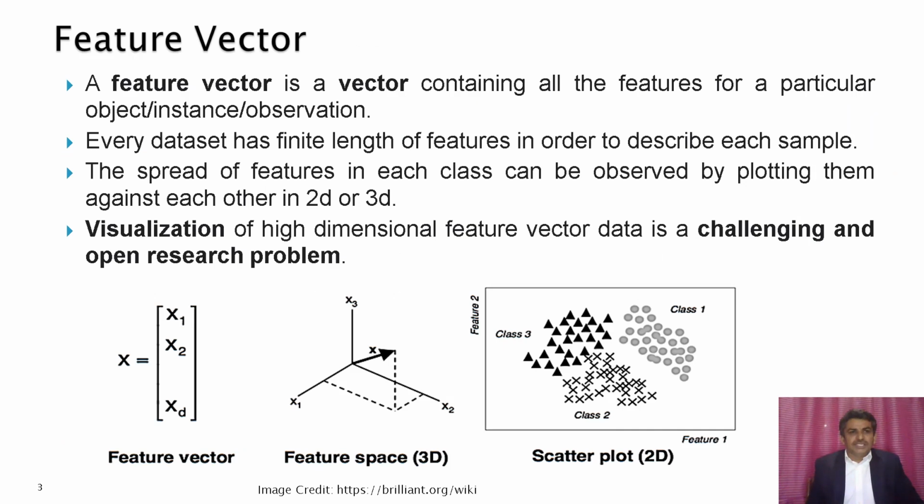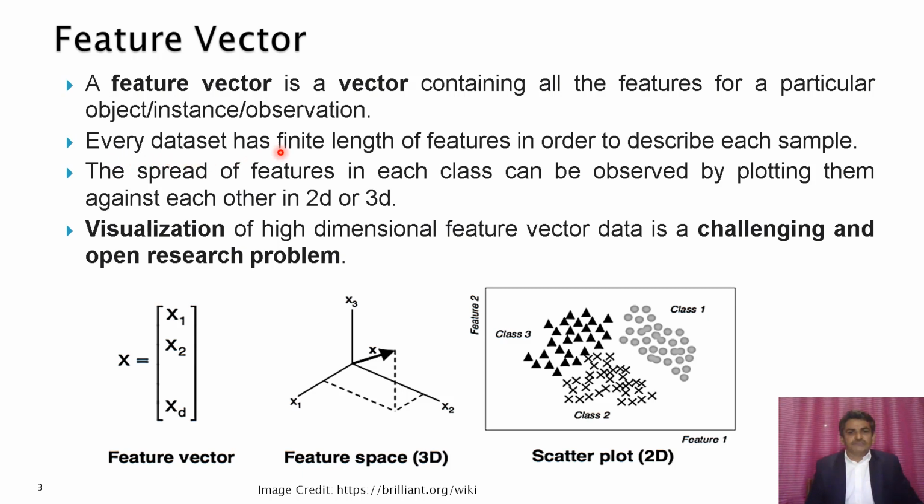After feature or attribute, the next concept that we should be familiar with is feature vector. This slide shows what is a feature vector. A feature vector is a vector containing all the features for a particular object, instance, or observation.